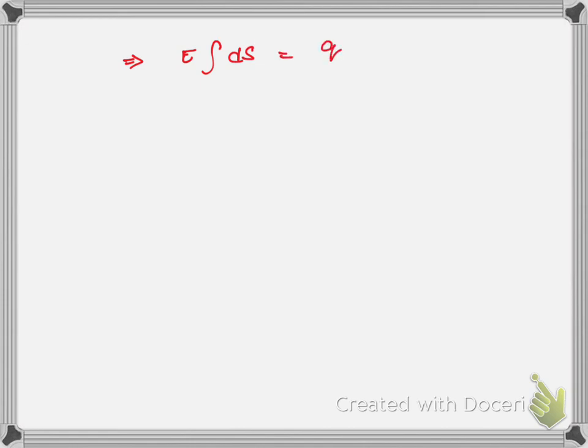That is, sorry, E times the integral of ds is lambda L by epsilon naught, and the integral of ds will be s, and since this integral is done over the second surface, that is the curved surface, s will represent the area of the curved surface, that is s2.